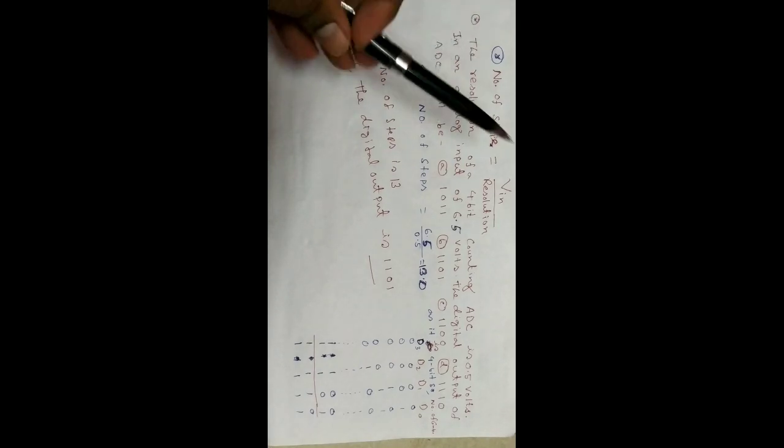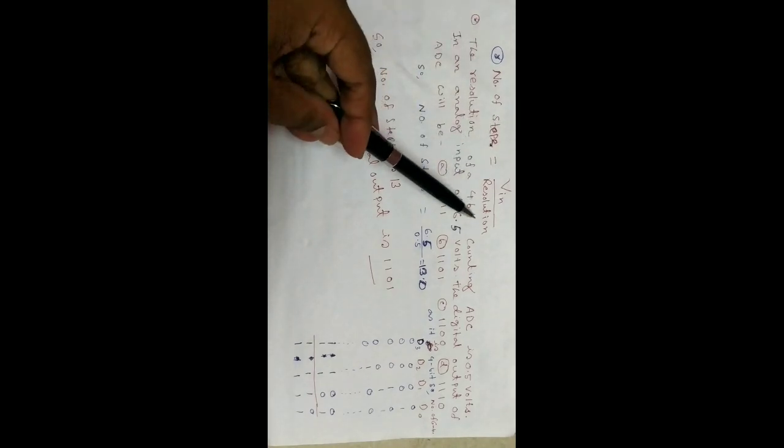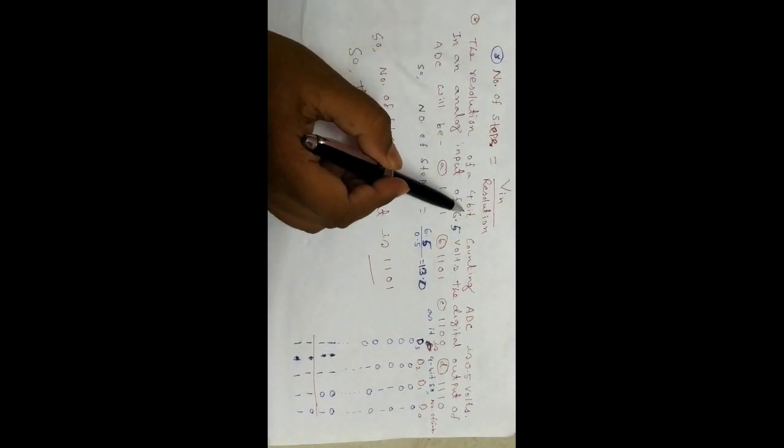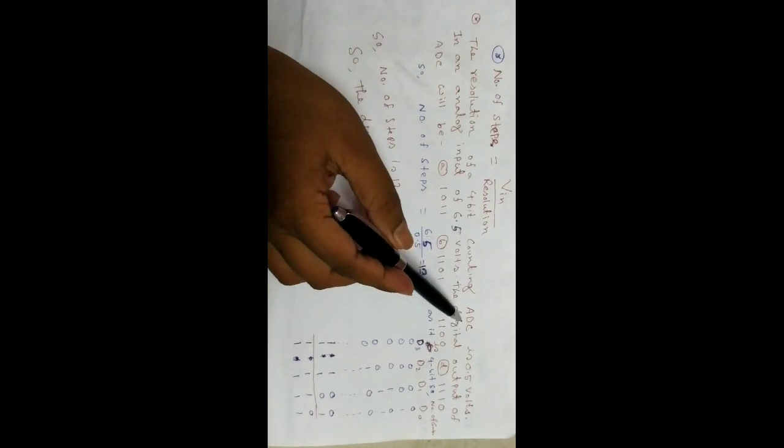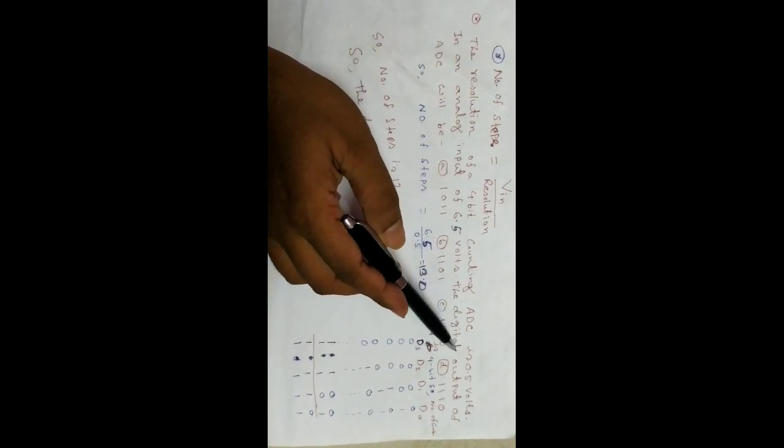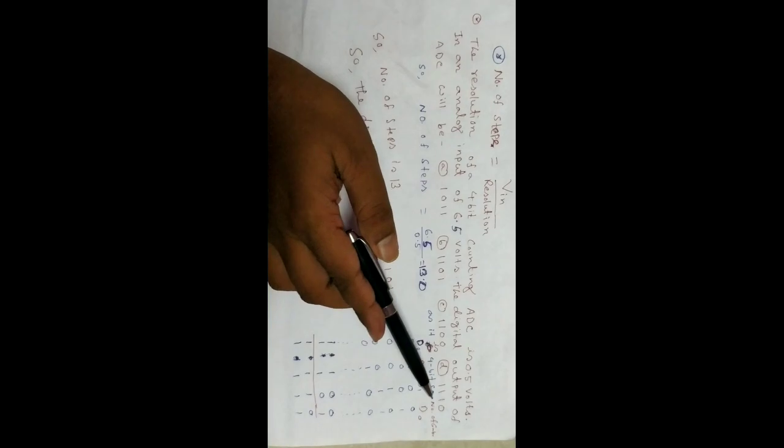Another important relation from voltage resolution is that the number of steps equals V input divided by resolution voltage. Suppose one example is given here. The resolution of a 4-bit counting analog to digital converter is 0.5 volts.